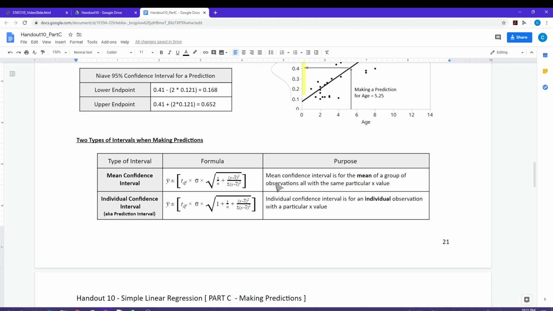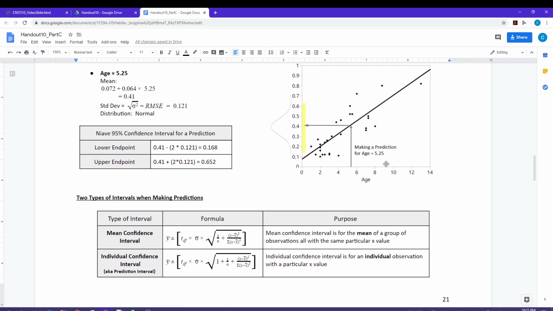So the purpose of a mean confidence interval is if you have a group of lions that all have the same particular X value. So let's suppose that I have a bunch of lions that have an age of 5.25. If you're interested in the mean of that group, then you would want to use a mean confidence interval.